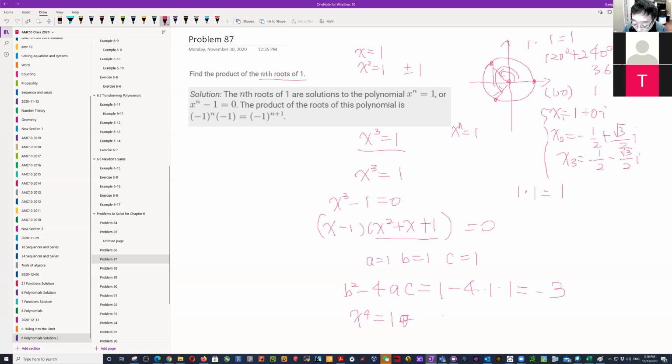In the complex plane, they look like this, 1, 2, 3, 4, evenly spaced around the unit circle.